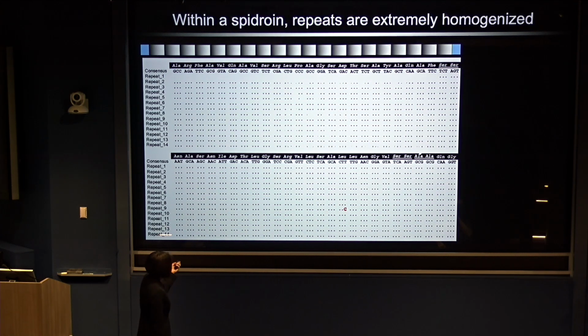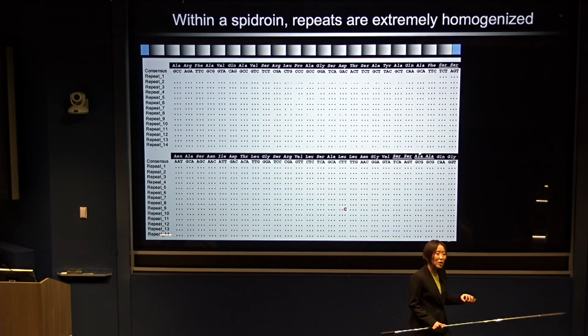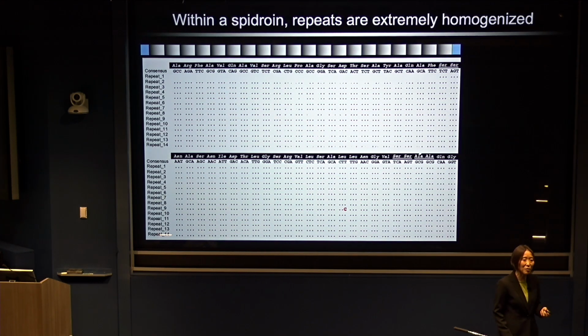And so you wonder, what kind of evolutionary mechanism is operating here? Are we seeing concerted evolution, homogenization happening of these sequences? Or the other hypothesis would be, is there actually selection for particular codons to be used in particular locations in a repeat unit?